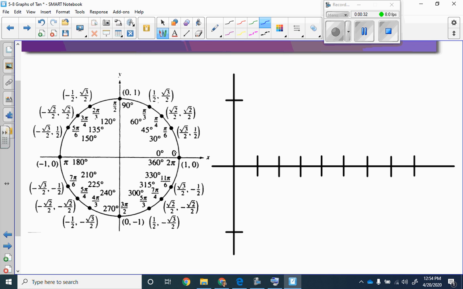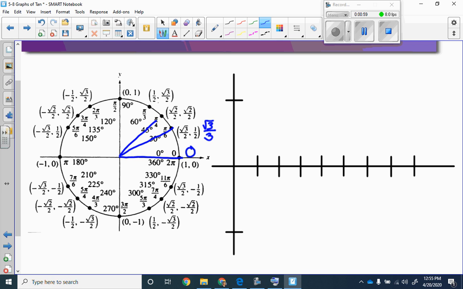Starting at 0 radians, when we talk about this segment right here, trying to find the slope of that, which would be the change in y over the change in x. So 0 divided by 1, well, right here, our tangent would be 0. If I take 1/2 divided by the square root of 3 over 2, which would be here, the slope of this line would be 1 over the square root of 3, which simplifies to square root of 3 over 3.